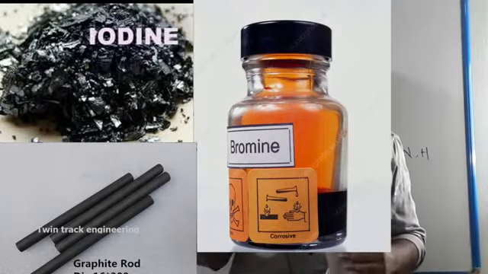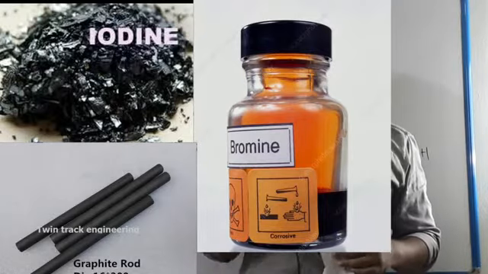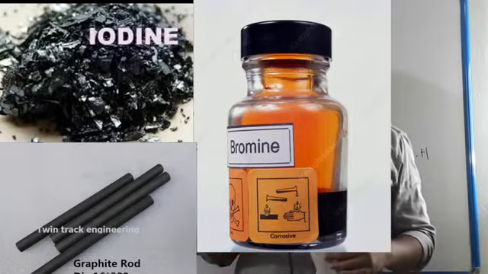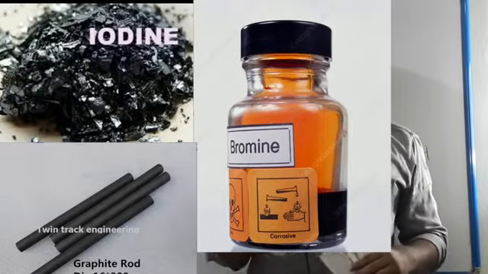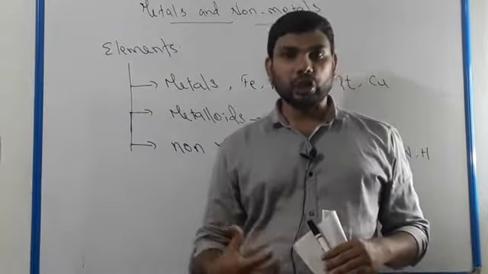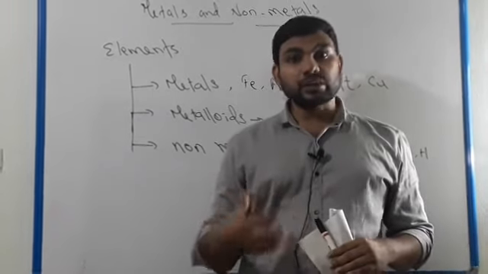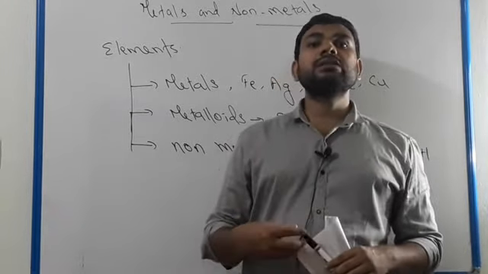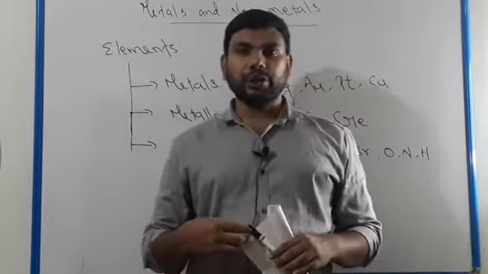Boron, germanium and silicon are examples of metalloids.